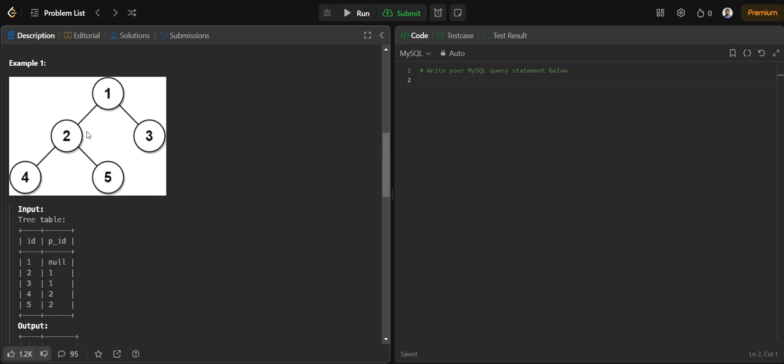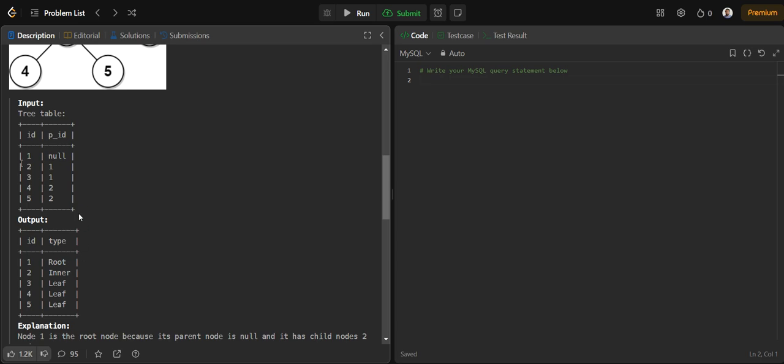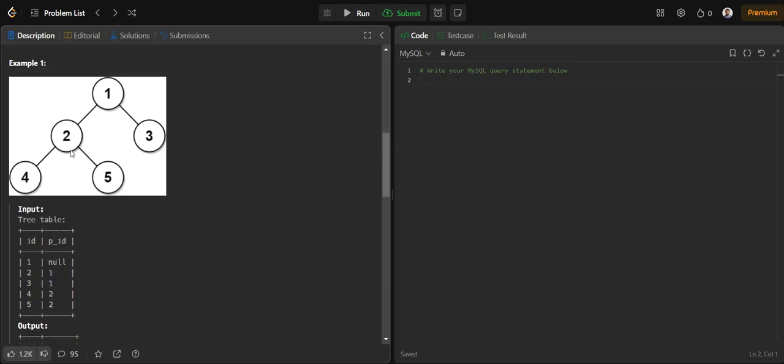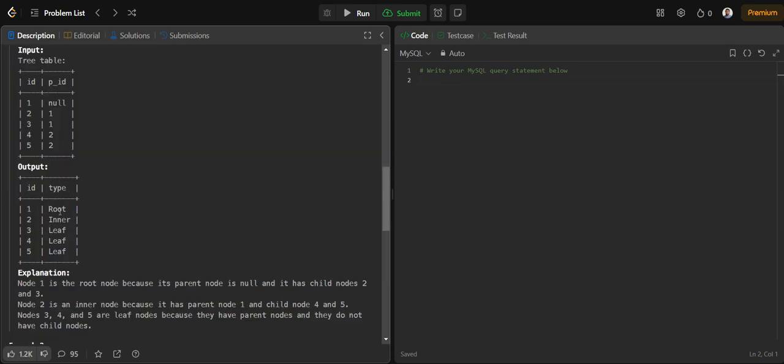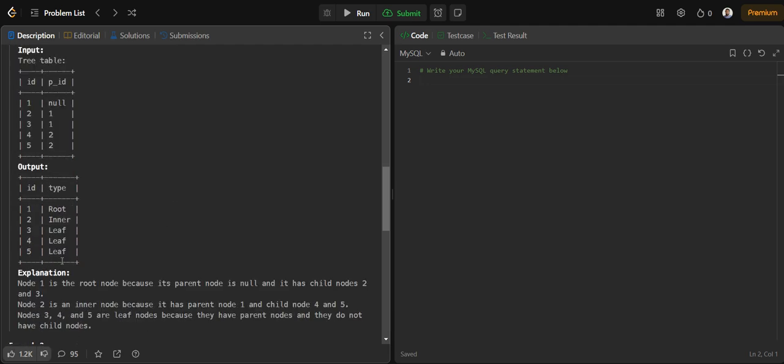You can refer to this table also. 1 is null, there is no PID, so according to our definition 1 will be root. 2 has a parent, 3 has a parent, but 2 has a child also, so 2 will be inner, and 3, 4, 5 do not have a child, so they are leaf.